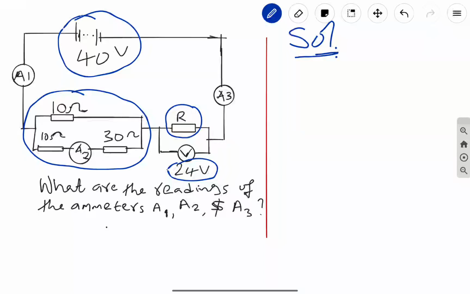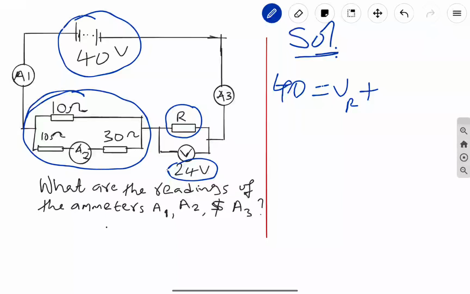We have a total voltage supply of 40 volts, and this 40 volts is the voltage that goes across the R and the voltage that goes across the whole of this.